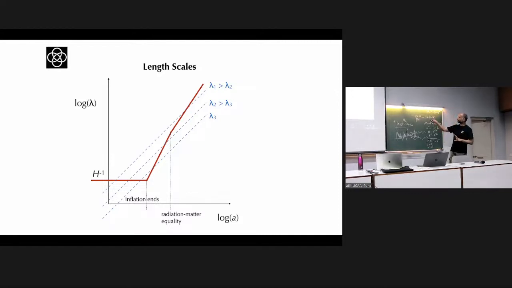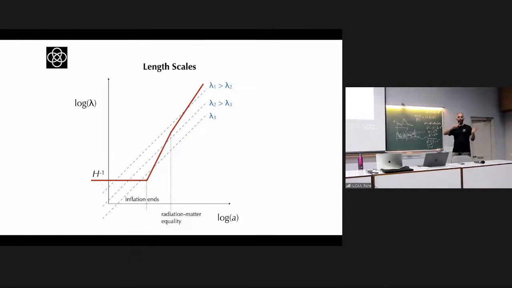And this is why I want to emphasize it here. Modes exit the Hubble radius during inflation. The long wavelength modes exit early. The short wavelength modes exit later, simply because of this picture. The modes which exited early will enter late. Okay, and the modes which exited late will enter early. So first out, last in.